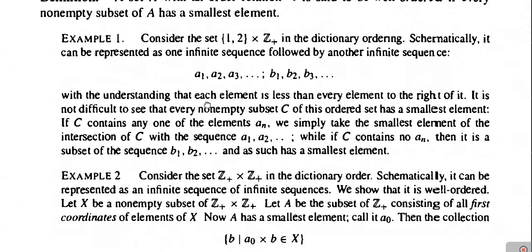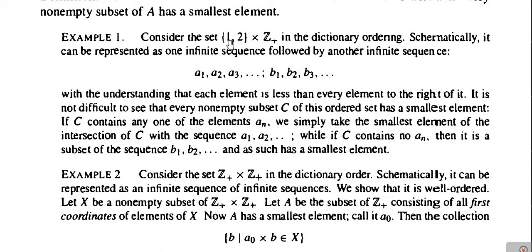For example, we'll consider examples. So first example, consider the set which consists of the Cartesian product of two sets. The first set is the set consisting of only two members 1 and 2. And the second set is Z plus, which is the set of positive integers. So consider the Cartesian product of these two sets in the dictionary ordering.